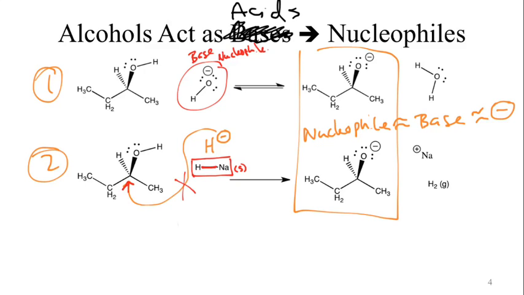Okay, well, if it stays as a solid, we get very minimal interaction between our alcohol and our hydride species. Because it's in a different phase, we're ultimately looking at very minimal contact. The only thing it can really come in contact with is the hydrogen atoms on the outside, or our acidic hydrogen atoms.